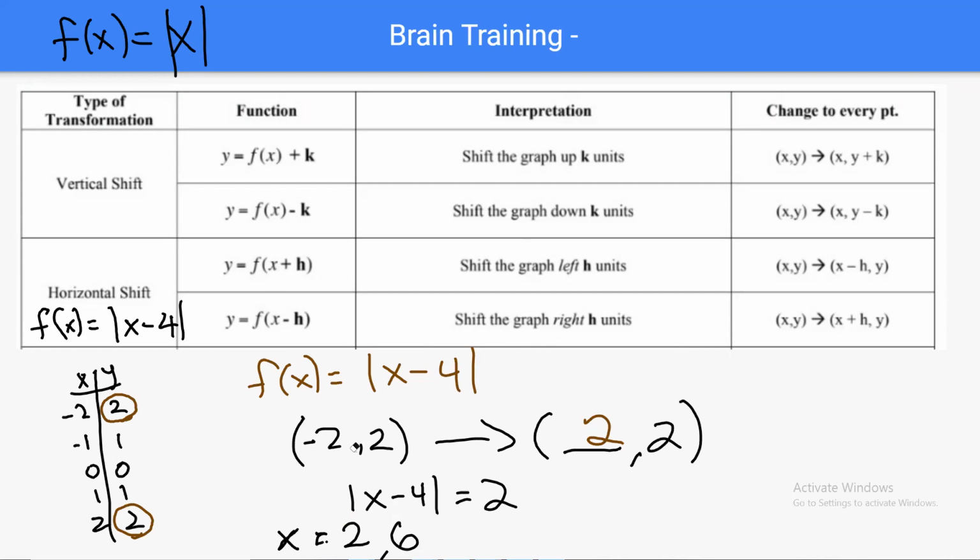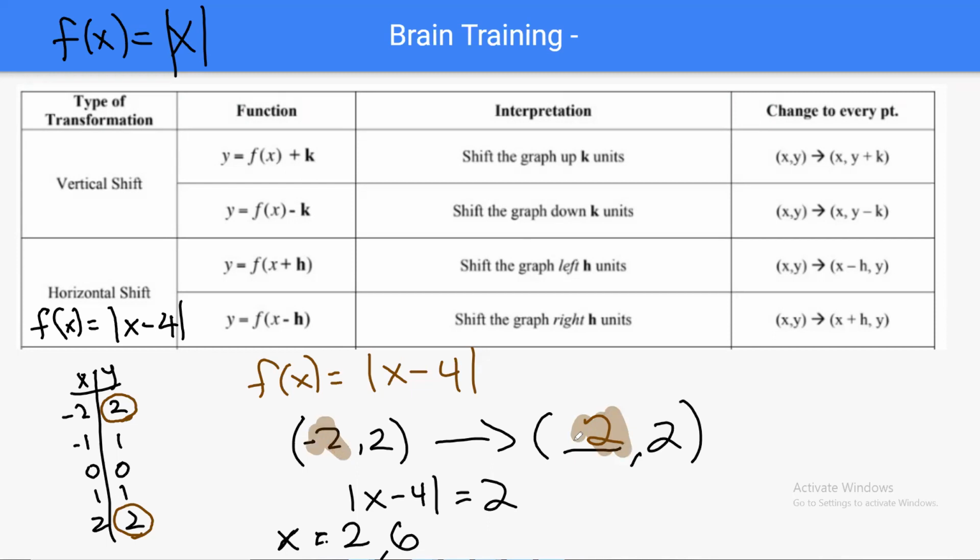What is the change in that? It's a plus 4, right? From negative 2 to 2, we're adding 4. From this number here to this number here, we're adding 4.